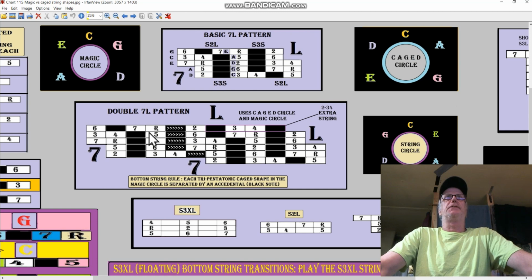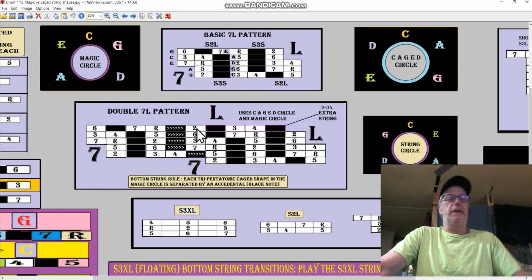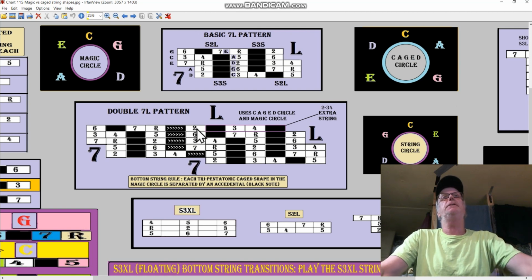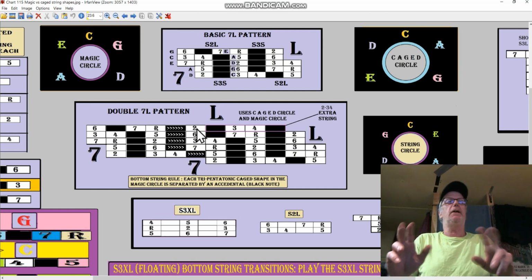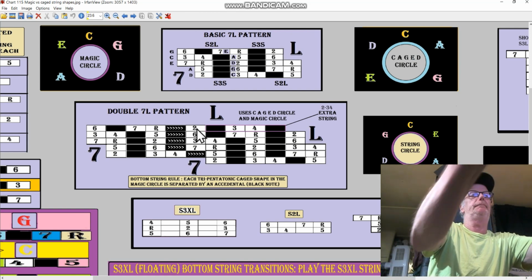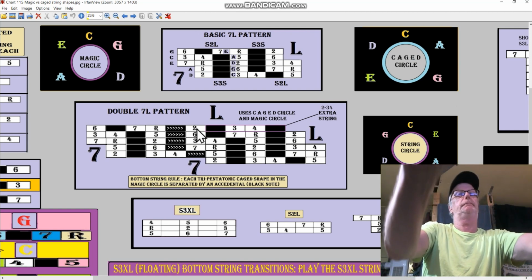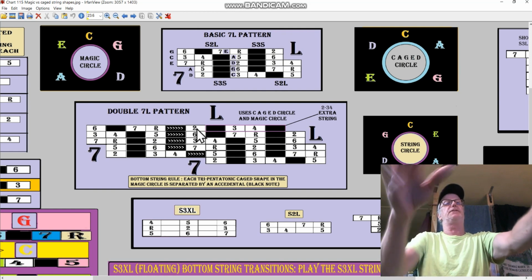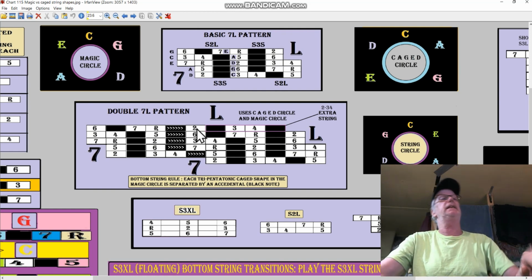I can start this 7 root 2 anywhere. That means it could be any key, right? Like key of anything, from C to shining C, any key in there.